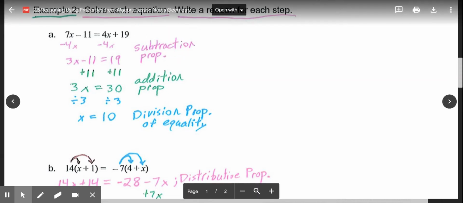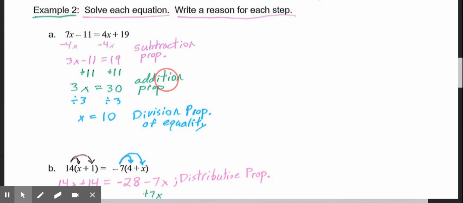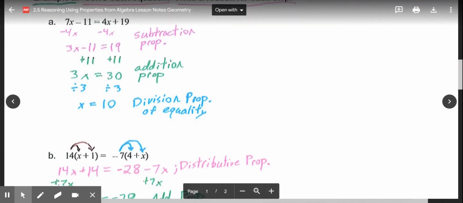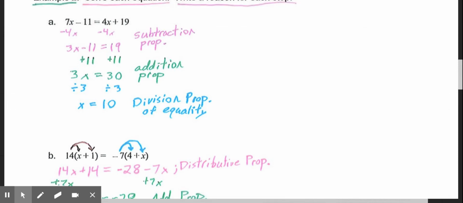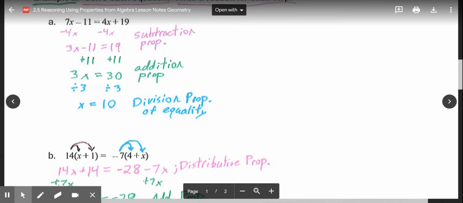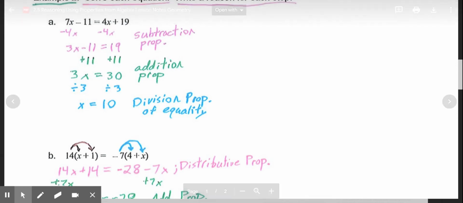Then I added 11 to each side, giving me 3x equals 30. So that was the addition property of equality. And then I divided each side by 3. So x equals 10. So that was the division property of equality. So we're solving for the variable and then writing our reasoning for each step on the right.